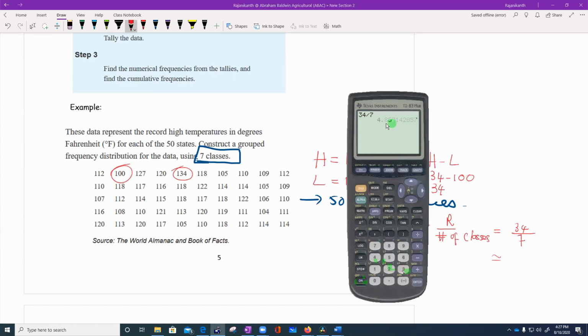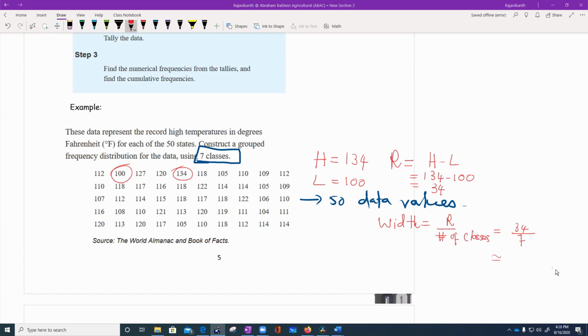I got 4.9. But you need to round this up to the nearest integer, which is 5. Therefore, my class width is going to be 5.